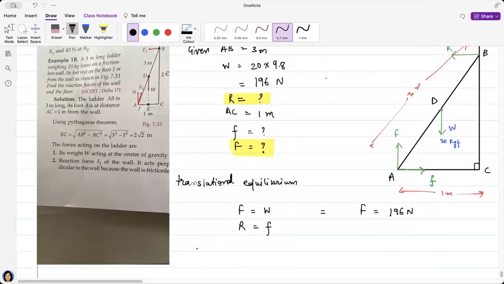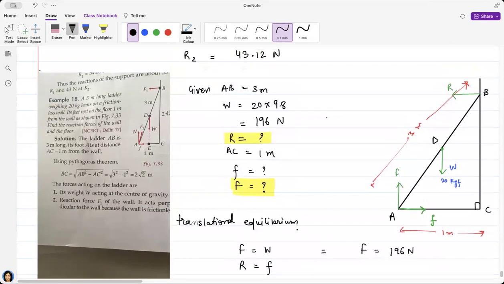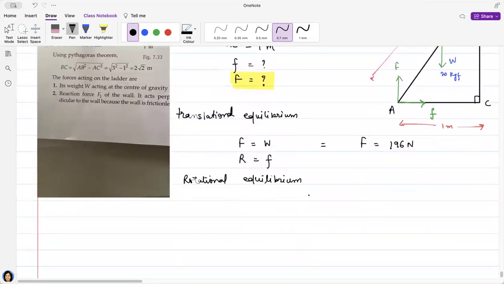Now we are working on the rotational equilibrium. For that, let us first look at the triangle ABC. In triangle ABC, BC square plus AC square is equal to AB square.